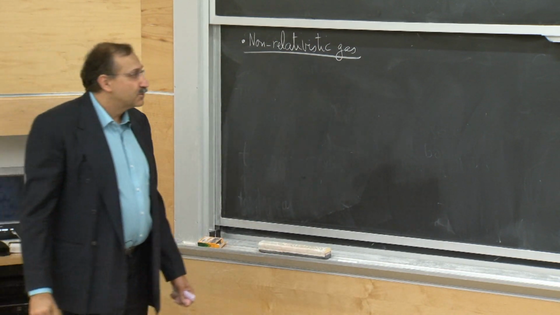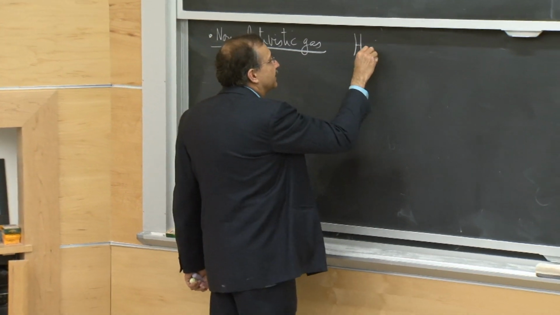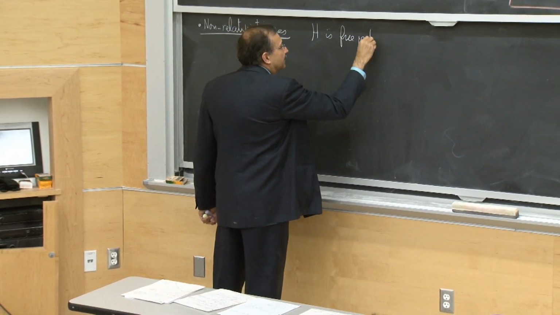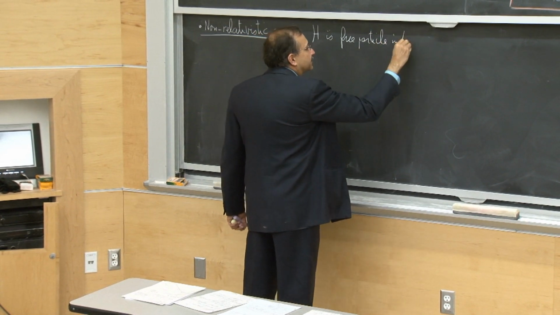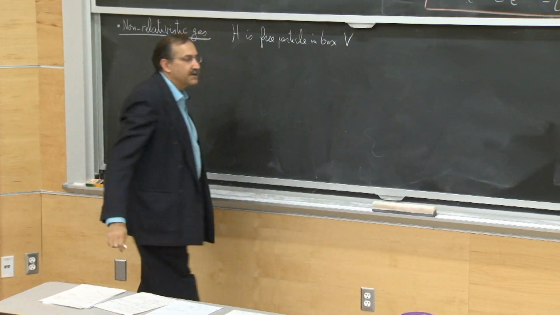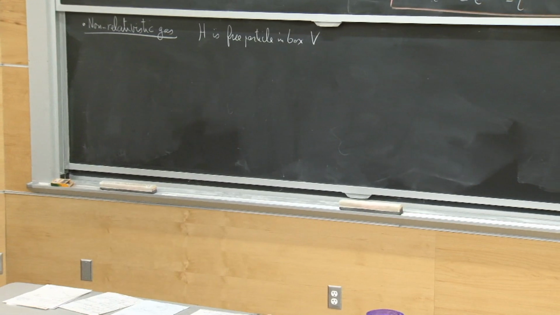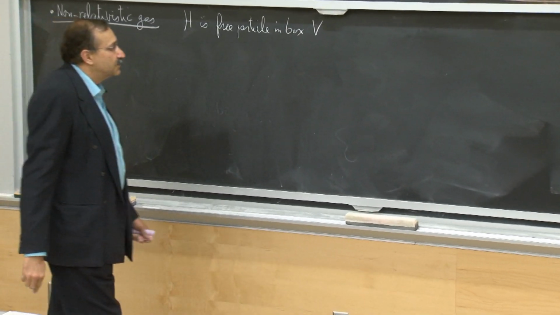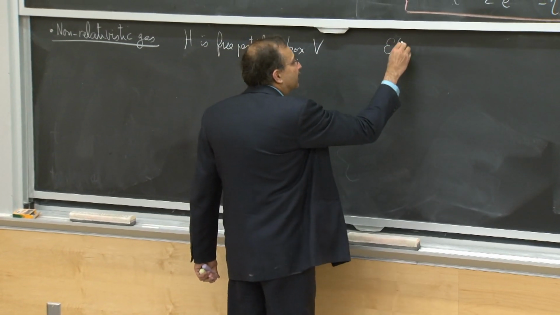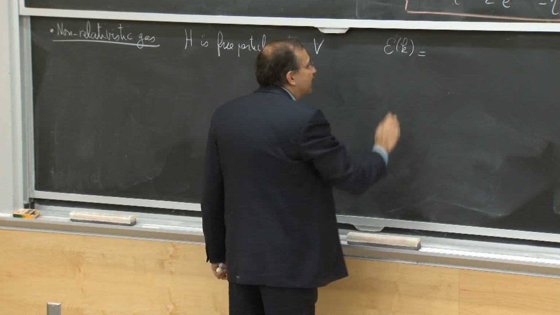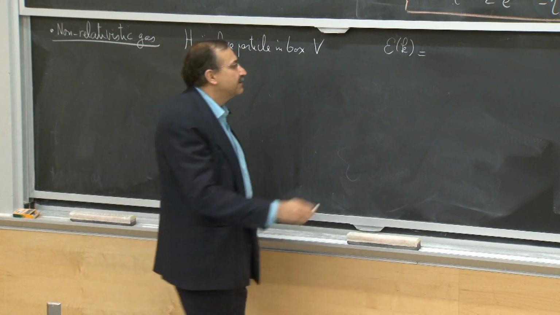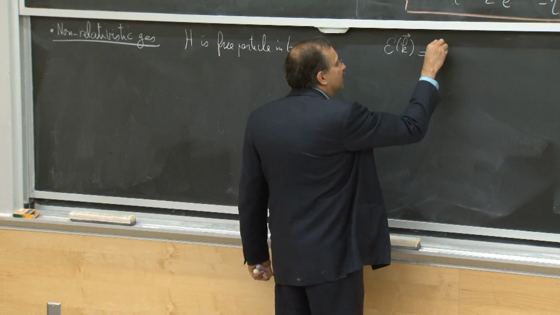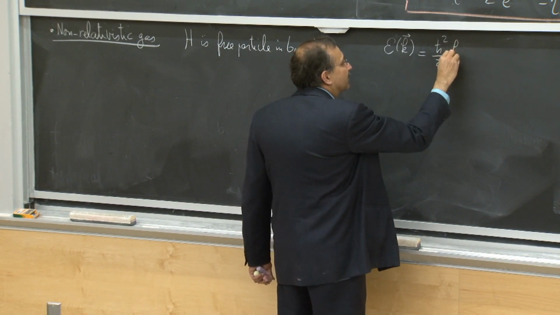So the Hamiltonian H is essentially free particle in a box of volume V, the thing that we have been using all the time, just the kinetic energy of a one-particle state. And for that, we know that the single particle energy levels are characterized by a vector k, has 3 components, in fact, and h bar squared over 2m k squared.